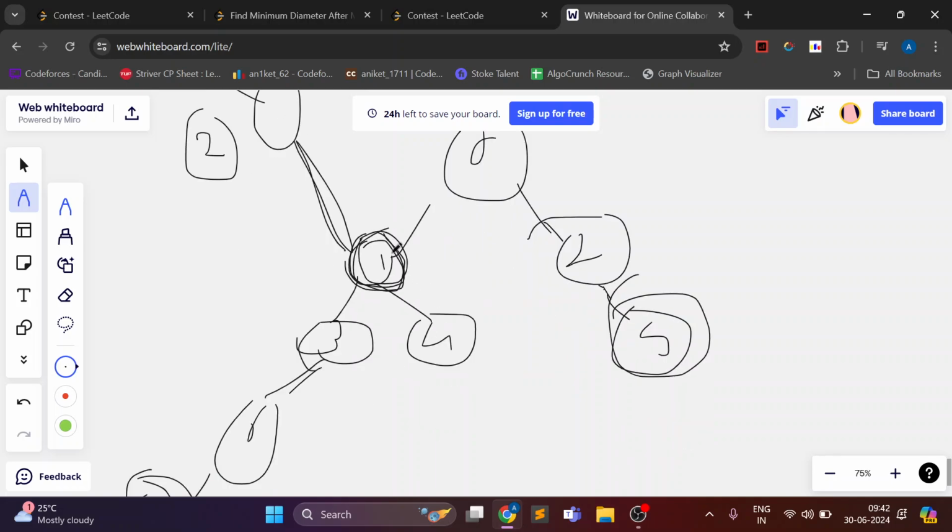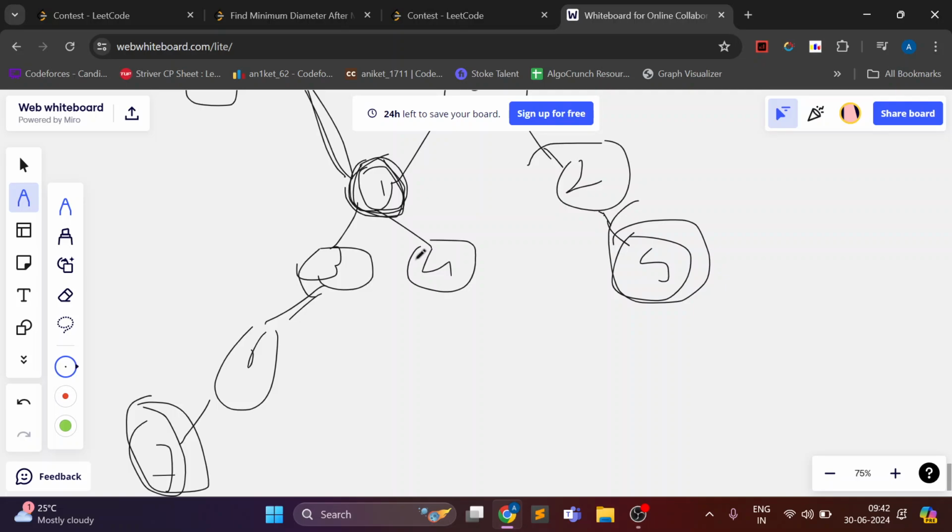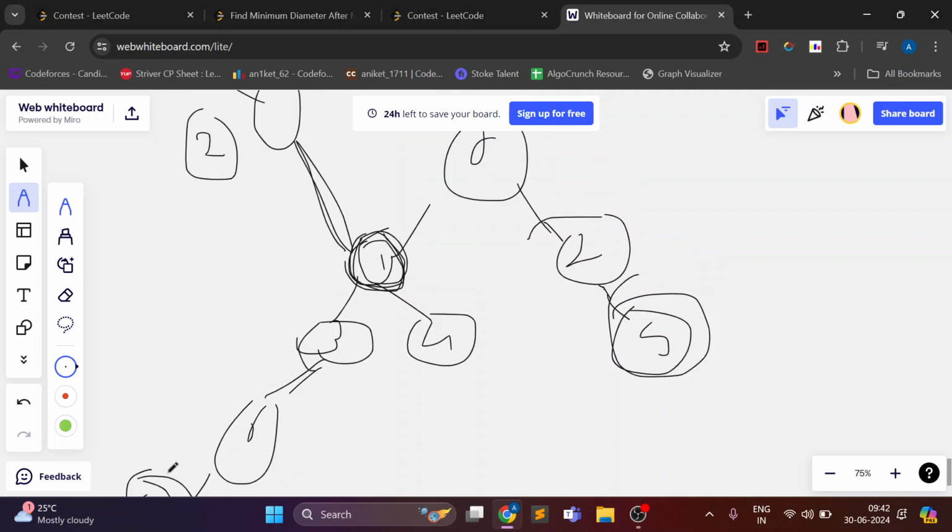So for 1, the diameter contributed by the first tree would be the max of the distance from 7 and the distance from 5, taking the max of both distances.